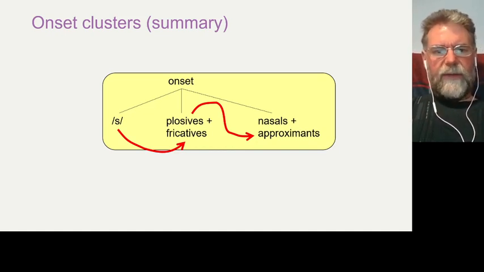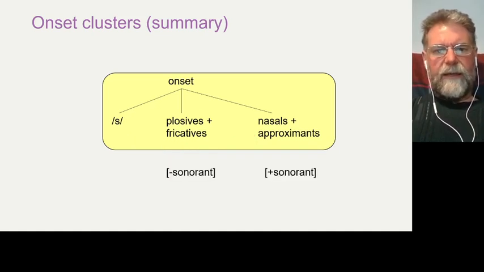Anyway, the generality of this, as you can see here, is that you get an s in the first position, you can get non-sonorant or minus sonorant consonants in that second position, and the plus sonorant elements in the third position, with certain restrictions on individual elements in those positions.